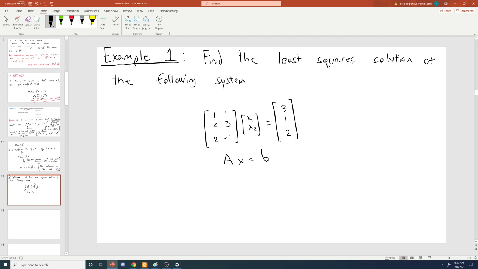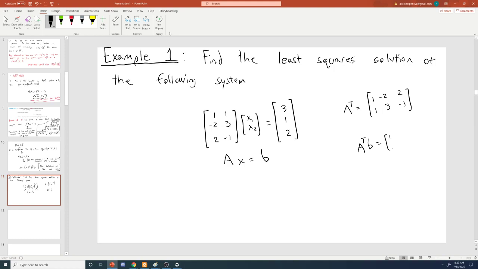So in order to do that, I have to compute the following quantity. First I write down my A transpose. A transpose here is going to be 1, 1, negative 2, 3, 2, negative 1. And then I take my vector and compute A transpose times b.